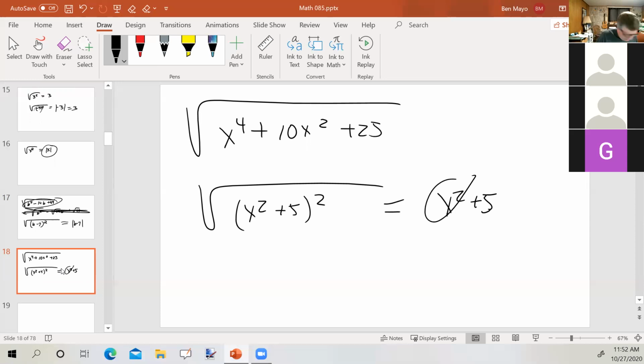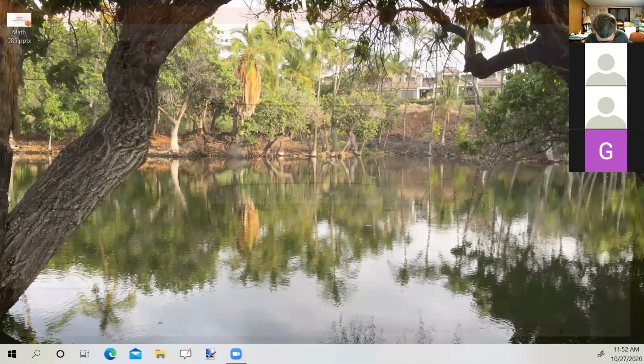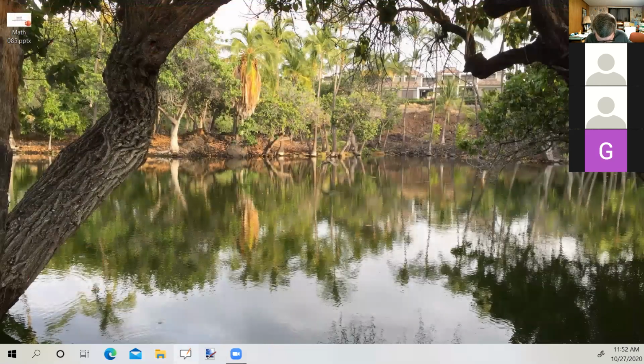Let's see here. I am going to switch screens. So we're going to close this up and open up this screen, hopefully. And I'm going to do some graphing.